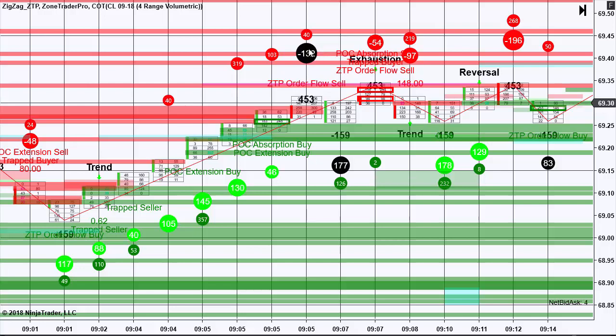This is basically your warning that you should be out of the trade. As soon as the bar closes, it is followed up again with high volume and again into this POC ZTP order flow pattern, which we have here at the top. That would be an excellent reason to be getting out of this trade.